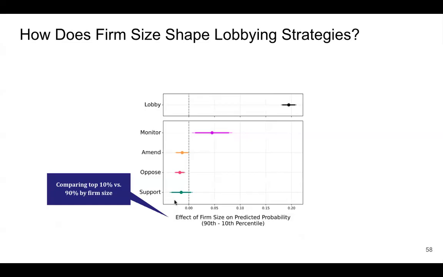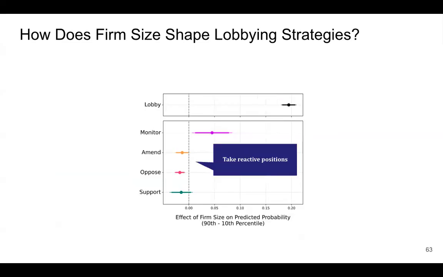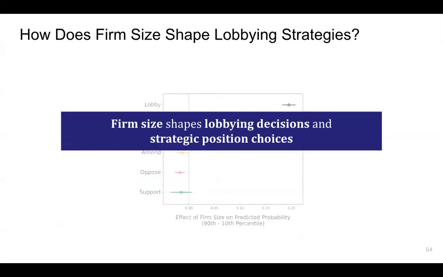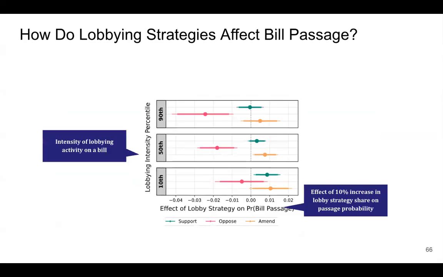Whereas the difference between the larger firms and the small firms is very small in terms of lobbying to specifically support or oppose the bills. So this confirms that firm size shapes the lobbying decisions and the strategic lobbying positions.